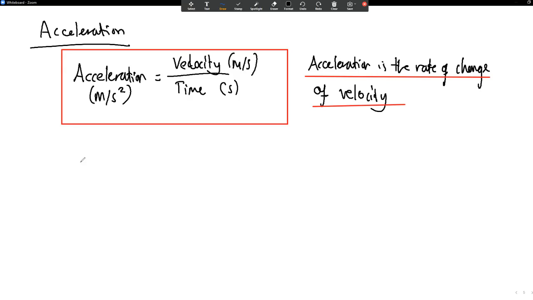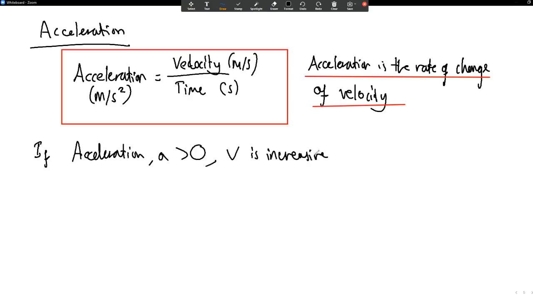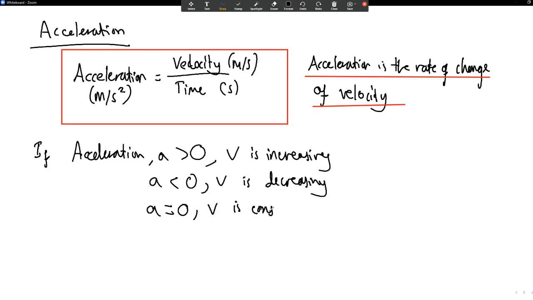Basically, it means when the acceleration, or a, is positive, velocity is increasing. If acceleration is negative, the velocity is decreasing. And if acceleration is equal to 0, velocity is constant.